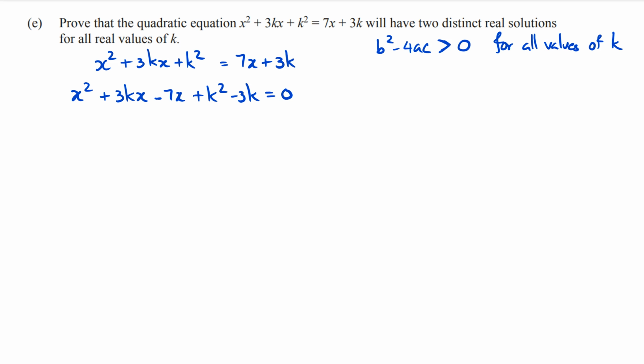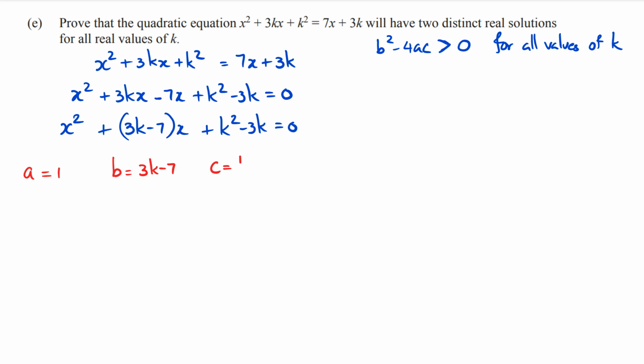So we need to combine our a, b, c values. So we've got x squared plus 3k minus 7 x plus k squared minus 3k equals 0. So when we have our discriminant b squared minus 4ac, a equals 1, b equals 3k minus 7, and c equals k squared minus 3k.